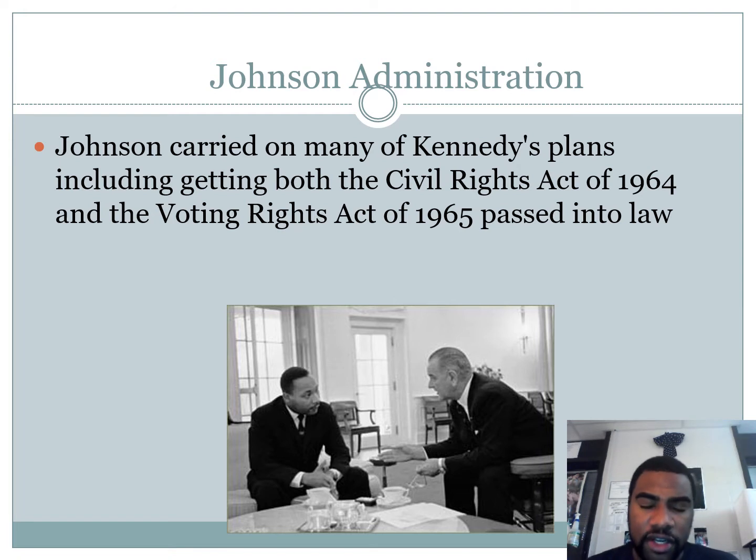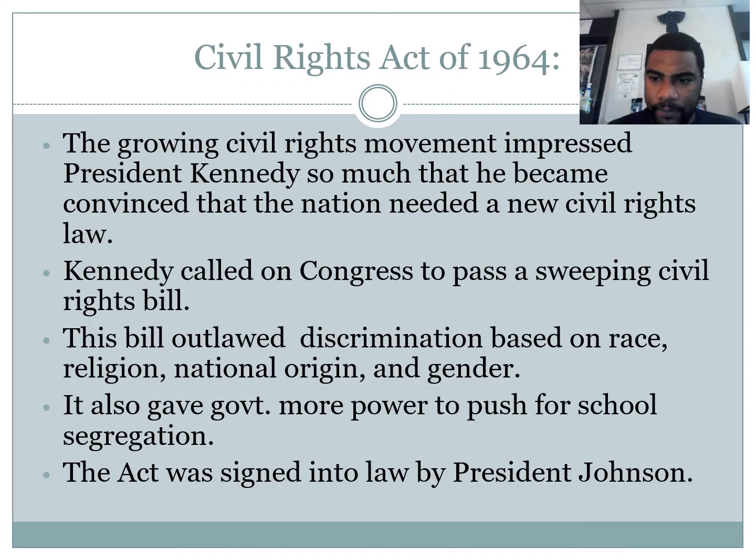Johnson carried on many of Kennedy's plans, and both the Civil Rights Act of 1964 and the Voting Rights Act of 1965 were passed into law. The growing civil rights movement impressed Kennedy so much that he became convinced that the nation needed a civil rights law.